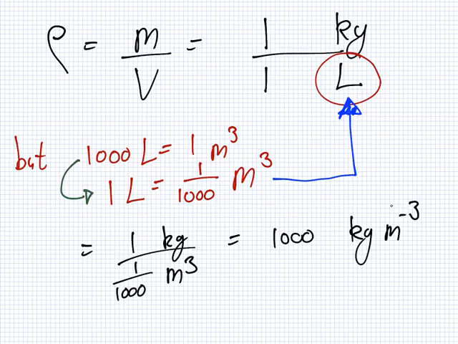Now I know what you were thinking of when you said 1. It's actually the same as 1 gram per centimeter cubed. But in kilograms and meters, the answer is 1,000 kilograms per meter cubed. Can you write this answer down? So this is the way you should be answering this in the exam.